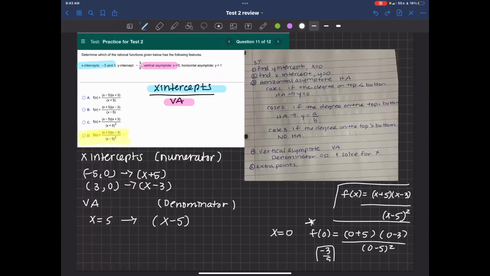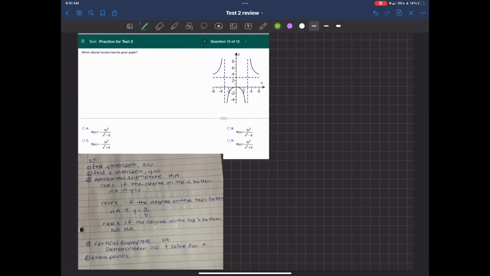12, we're going to go ahead and build from the list using the graph. So we're trying to match the graph and the equation using the list. So it says the y-intercept. So if I look for the y-intercept, I'm going to get (0, 0).